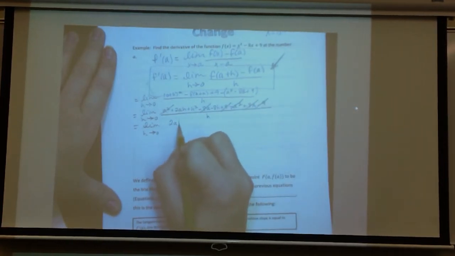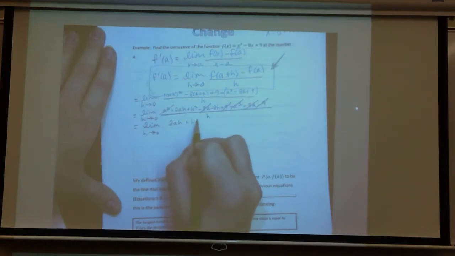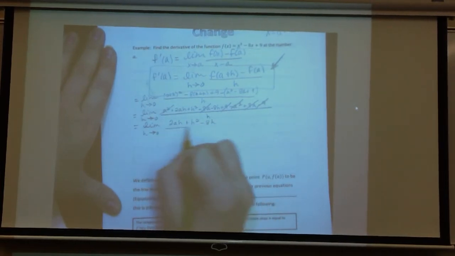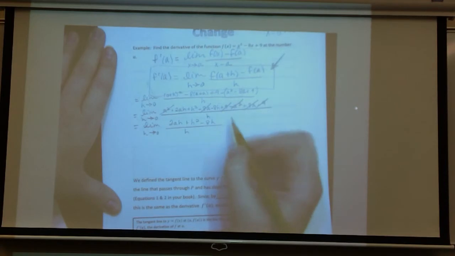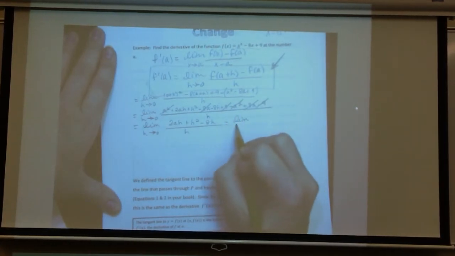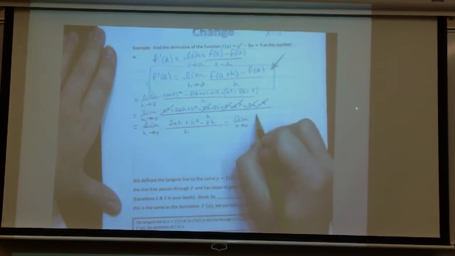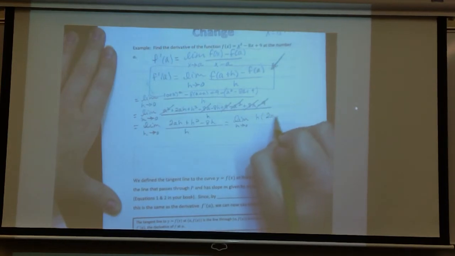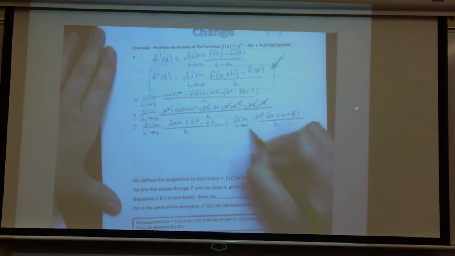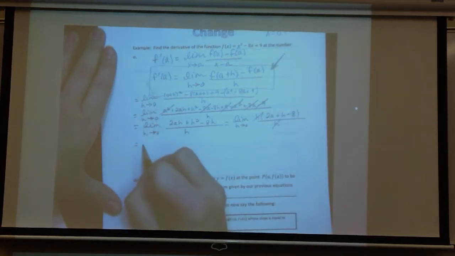So 2ah plus h squared is left. Make sure you don't forget anything. There's an 8h hiding in here. Lucky day, there goes an h. Thank goodness, because that has to happen, otherwise that won't make any sense.